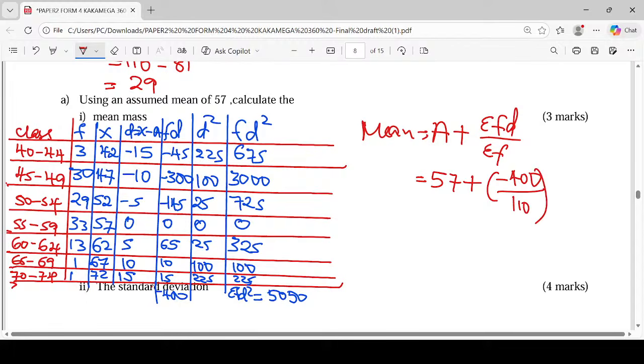So this will be like saying just 57 plus negative, when you take negative 400 divided by 110, this becomes negative 40 over 11.